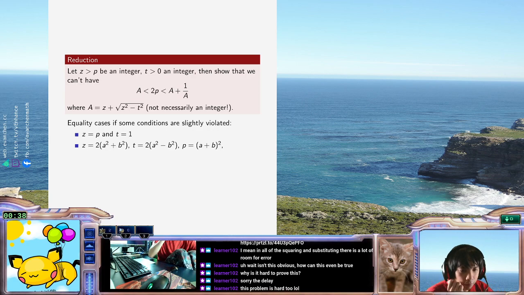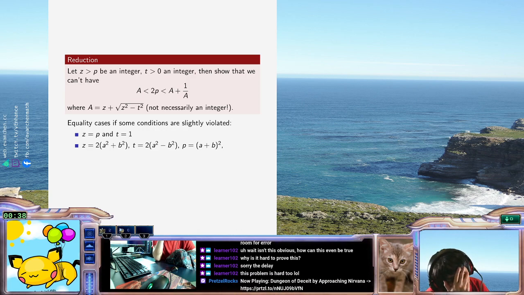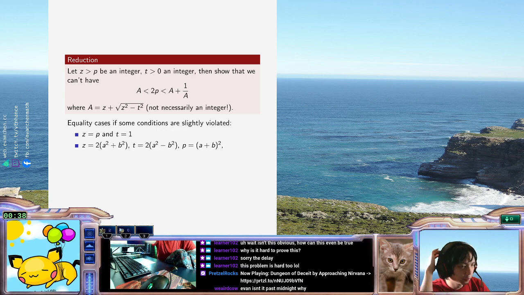I have no freaking clue. Okay. So if A is actually an integer, then we're dead, right? Evan, isn't it past midnight? Why? Because I'm still stuck on this freaking edit. I feel like I finally have something that looks workable, but I don't know what to do with it.